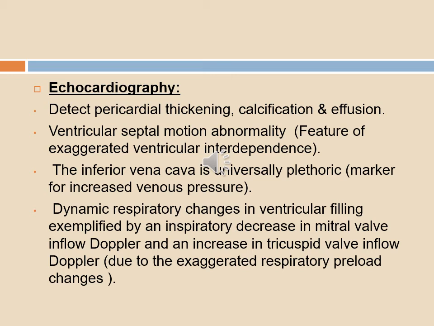And the most important one is that dynamic respiratory changes in the ventricular filling pressures are exaggerated due to the inspiratory decrease of the mitral valve inflow pattern and increase in the tricuspid valve inflow pattern. This, of course, is because of the exaggerated respiratory preload changes.